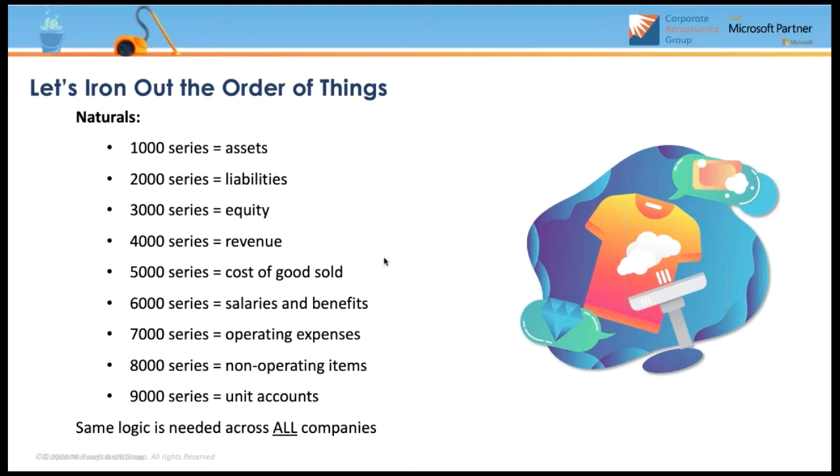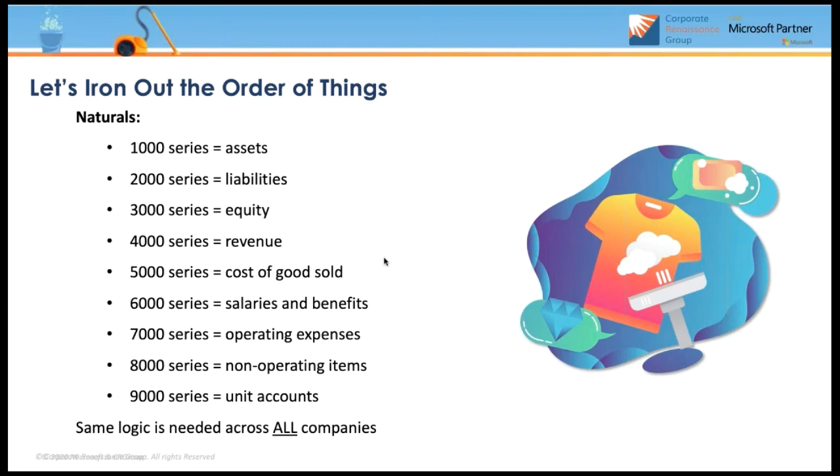Then when you get down to the 6, 7, 8, 9s, it becomes a little bit, well, how do you break that out? My recommendation is you keep the HR related stuff for people in the 6,000 series, that you move general operating expenses to 7,000. That 8,000 is reserved for non-operating items, meaning things like interest expense and foreign exchange gains, losses on disposal of capital items.